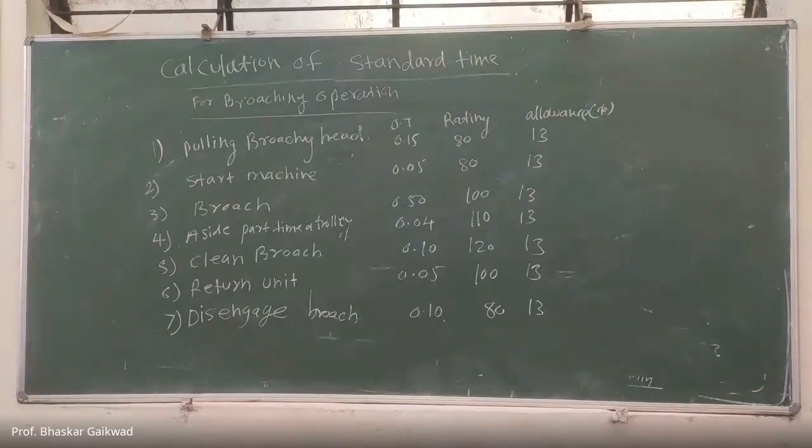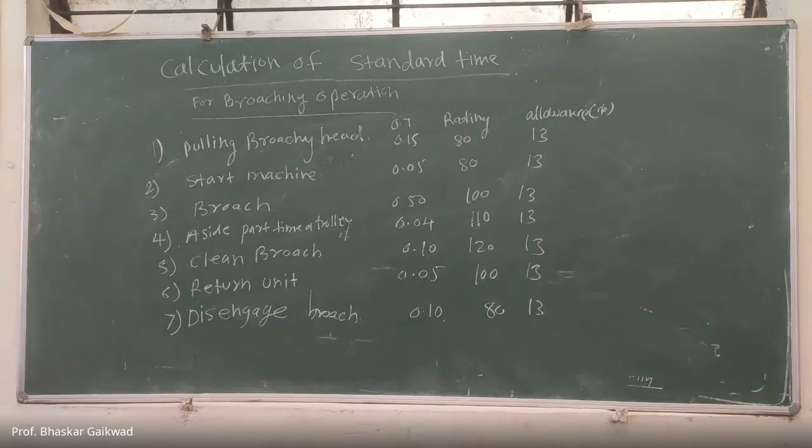After that, start the machine. So the observed time and rating are given. Broaching will start. After broaching, the part will be kept aside. Clean the broach. Return to the next unit, meaning we have to get a new part engaged. After that, disengage the broach. So like these, seven elements are there. We have to calculate the standard time for this.